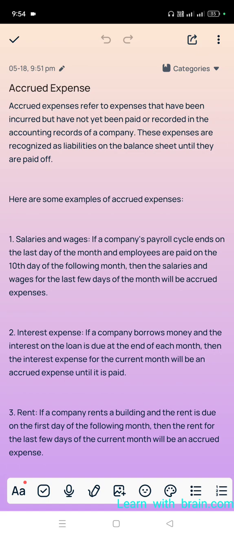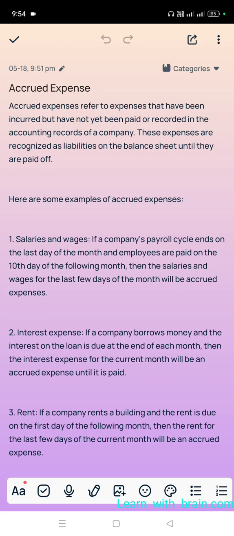Up to that date salaries have to be paid. Employees are paid on the 10th day of the following month, that means June 10th, for the May month. Then the salaries and wages for the last few days of the month will be accrued expenses. So that's why this is an accrued expense.